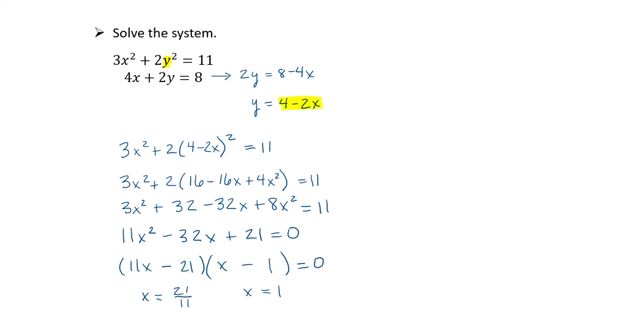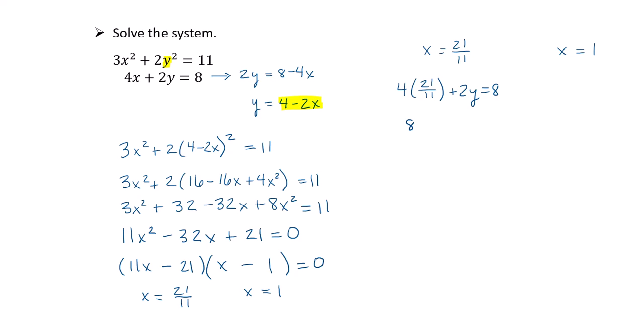Again, we have to have ordered pairs for our solutions. So for x equals 21/11, I'll put that back into, again, the simpler equation. 4 times 21/11 plus 2y equals 8.